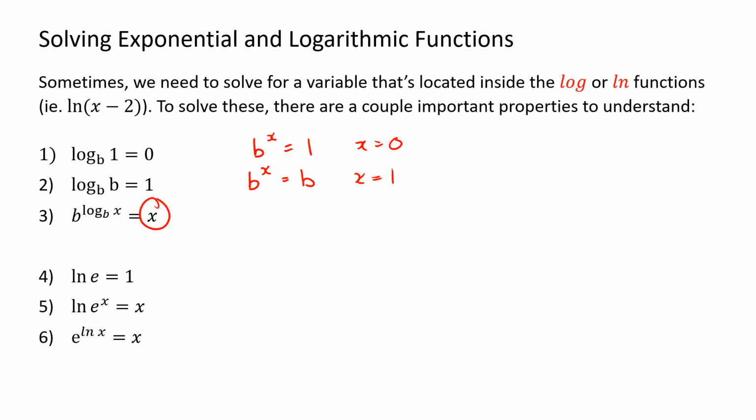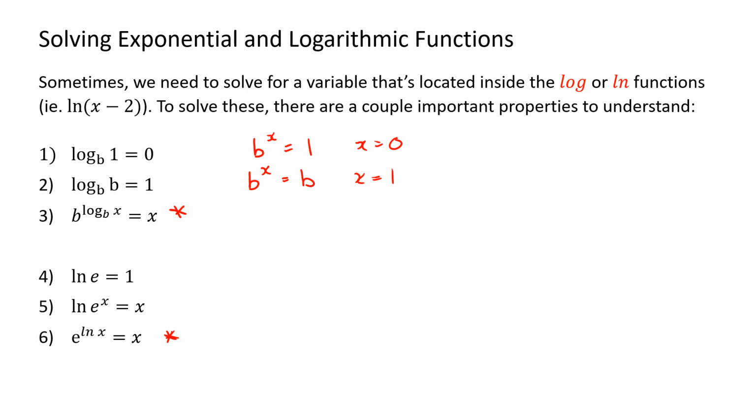In other words, it's equal to the value within this logarithm. That's useful, and I'll show you why when I solve questions where I have x within a log function. Very, very useful to know this one, and when I talk about the e version.